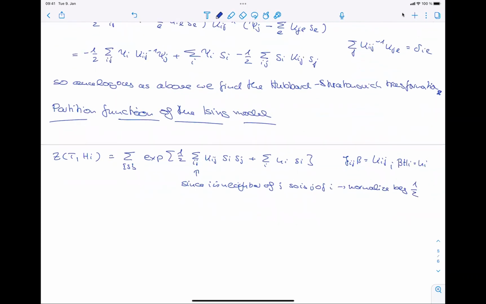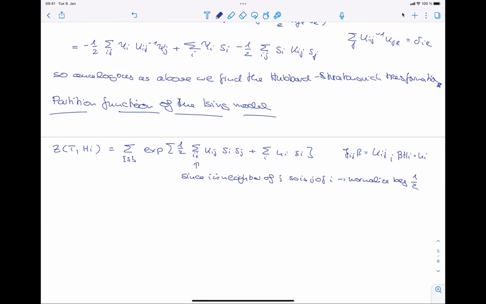Okay, and so now we're just going to pull out this mathematical trick to describe this as an integration over field variables by using the Hubbard-Stratonovich transformation.